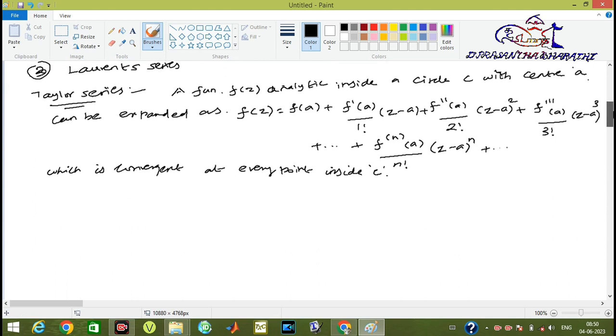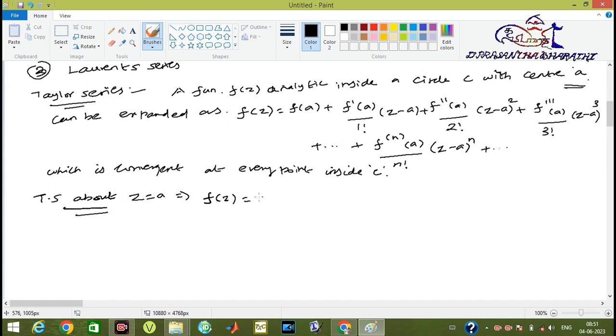This Taylor series is about the point z equal to a, the center. So we can call the above expansion the Taylor series about z equal to a.